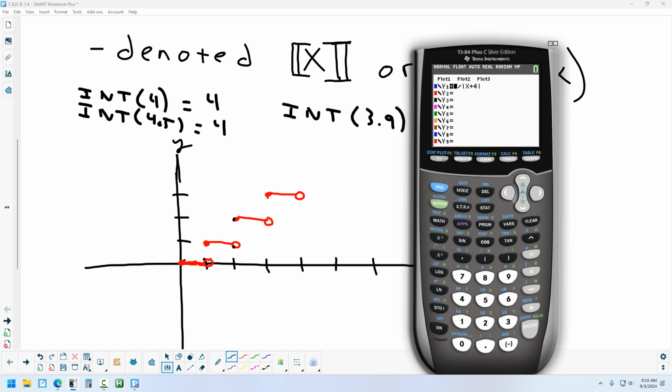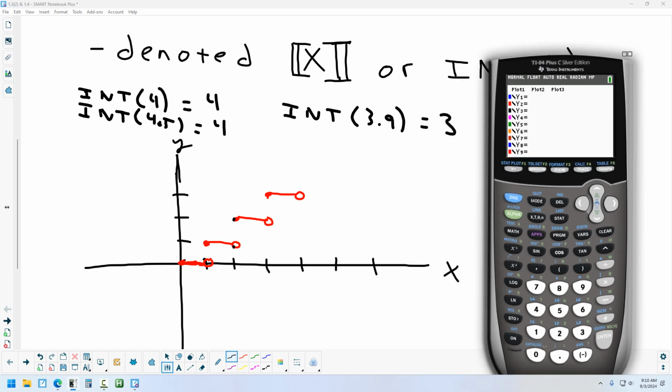So to graph that, if you go to your y equals screen, press the math button. Once you press math, you're going to go over to the number column at the top. And the 5th option down says int. That's the greatest integer function.